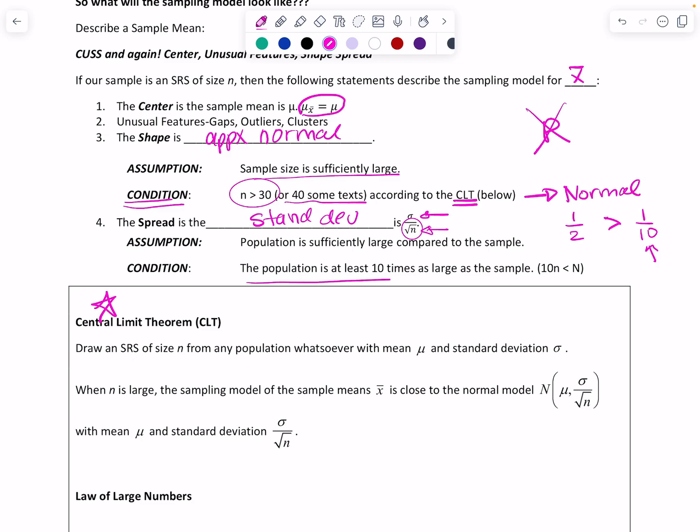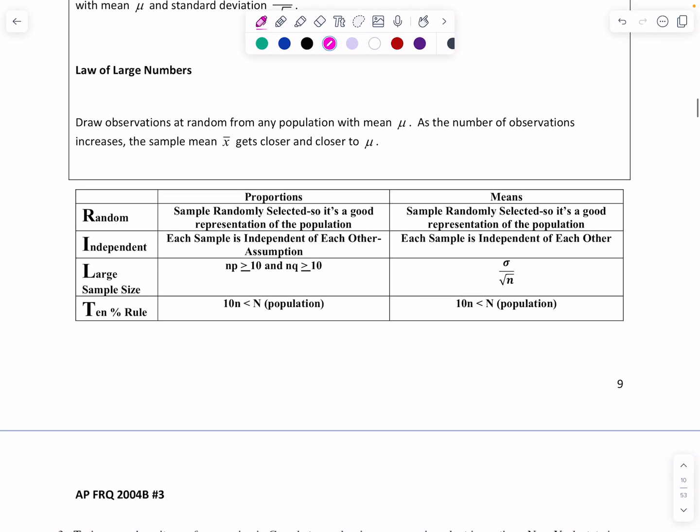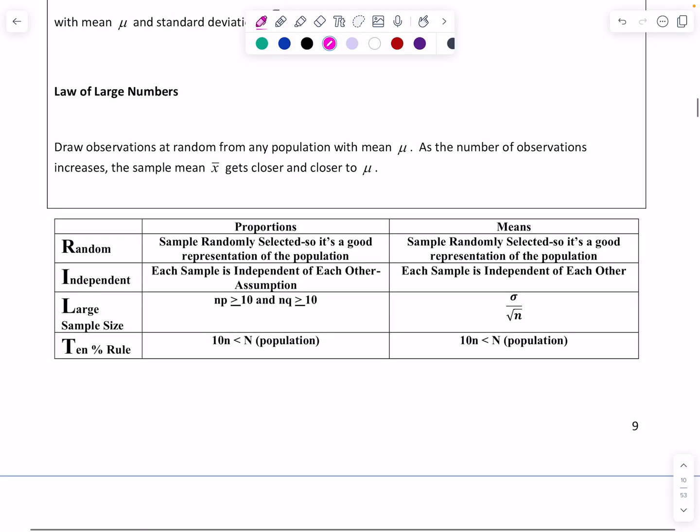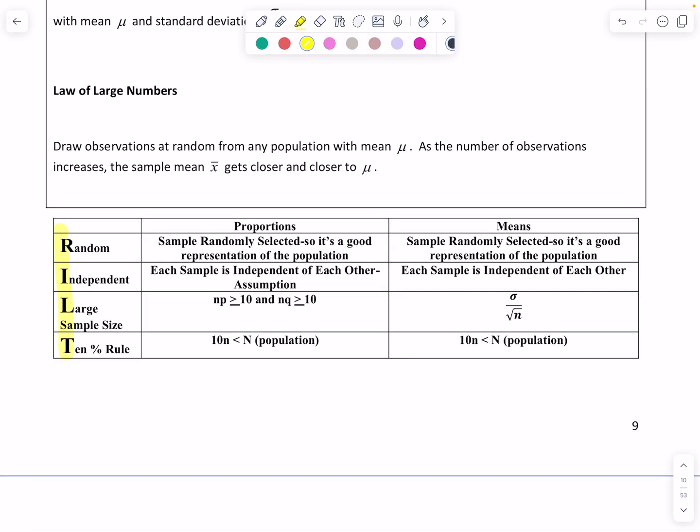And this condition, again, is the same 10% condition, and that's my independence condition. All right, so to sum up here, I know you're going to be super excited because I have a new wonderful word, and it's RILT. So in order for me to be able to use my sampling models, this is what I'm doing.